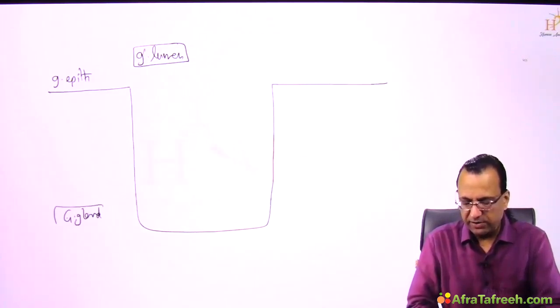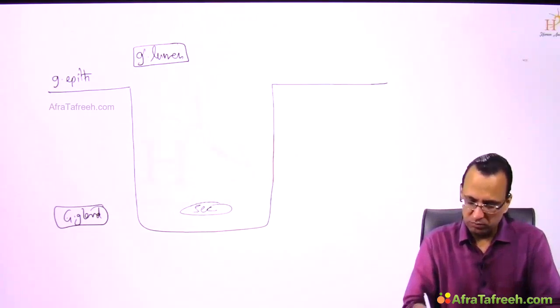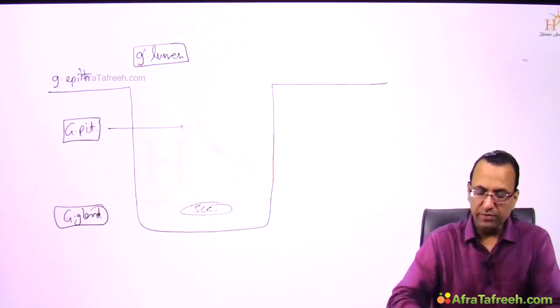And this gastric gland was secreting, there were some secretions. Where are those secretions going? They will go to the gastric pit, and from the gastric pit to the gastric lumen.